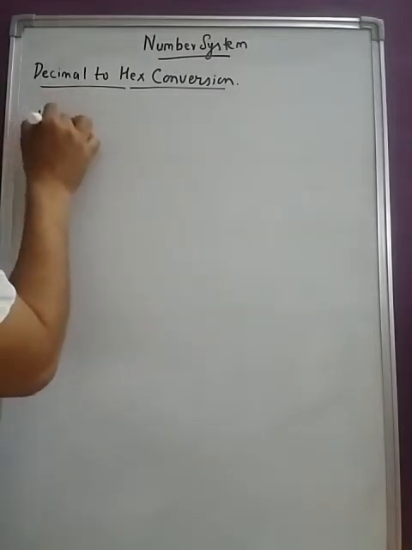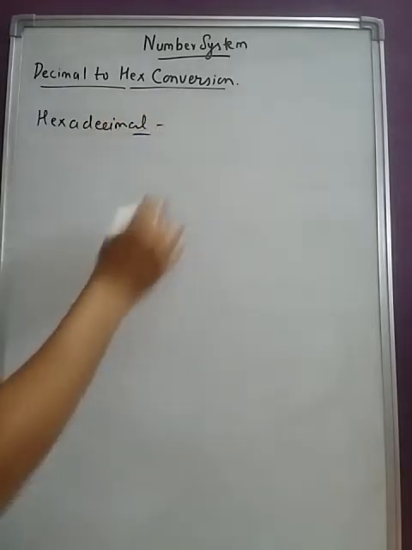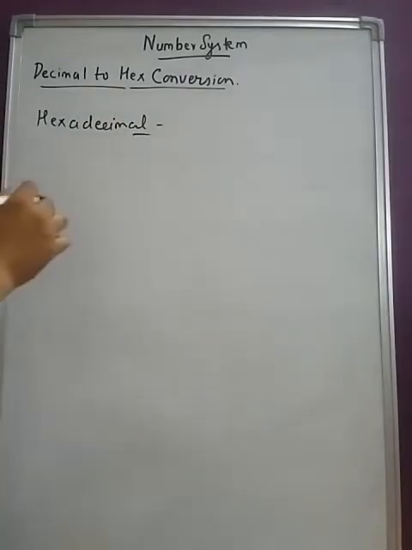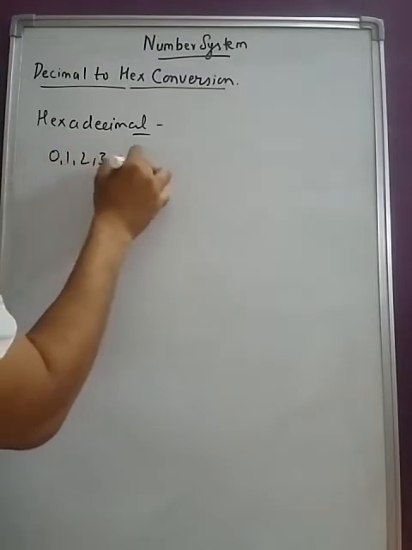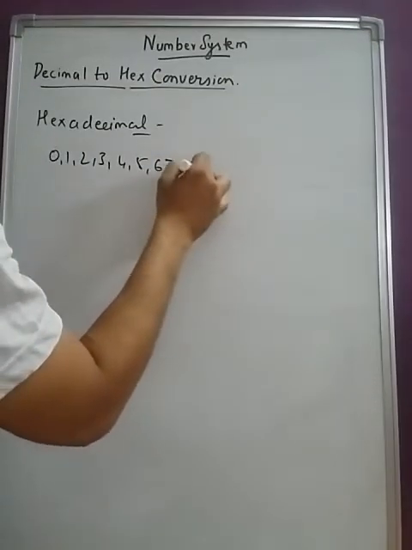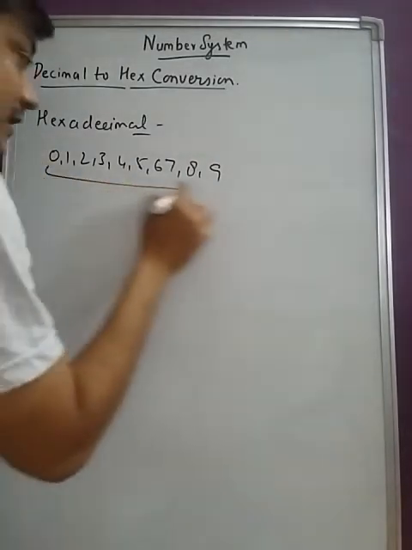As I have already told you, in a hexadecimal number system you will have symbols like 0, 1, 2, 3, 4, 5, 6, 7, 8 and 9. These are also included in the decimal part.